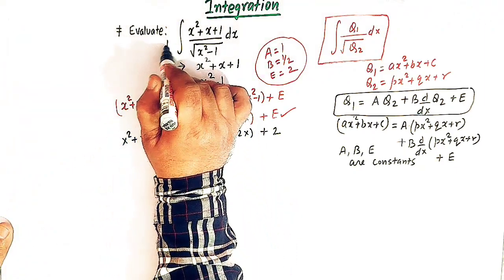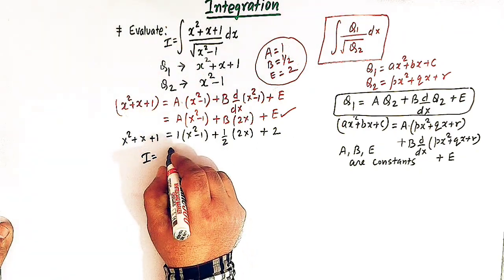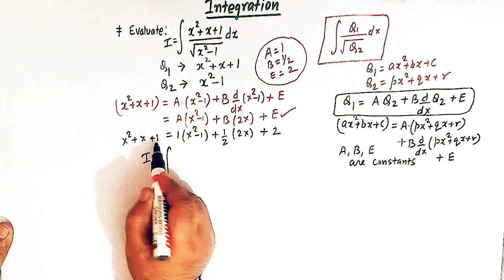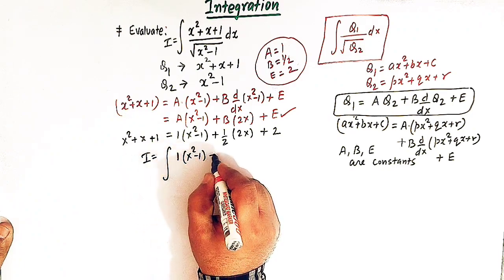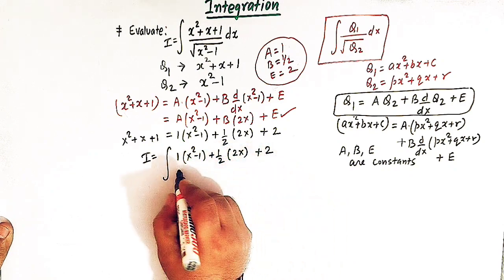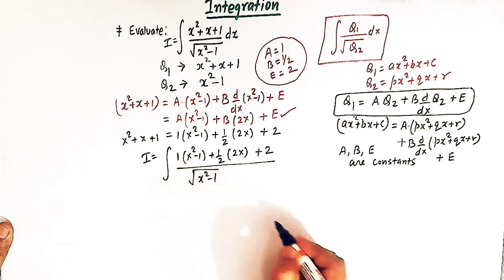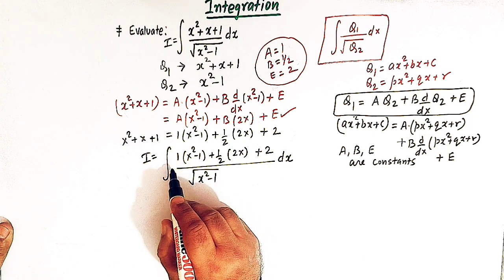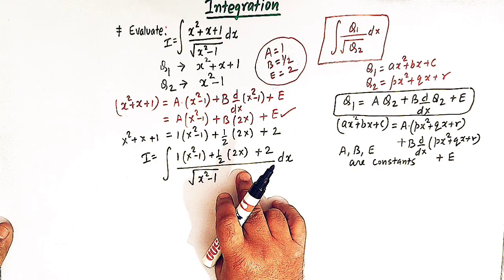So let us call this integral as I. So now we can write I is equal to the integral for x square plus x plus 1. We can write 1 times x square minus 1, half times 2x, and then we have 2, divided by square root of x square minus 1, and here we have dx, right? So now let us write this integral as a sum of three integrals.